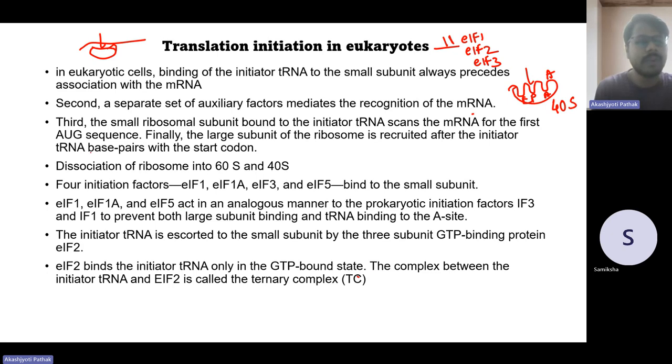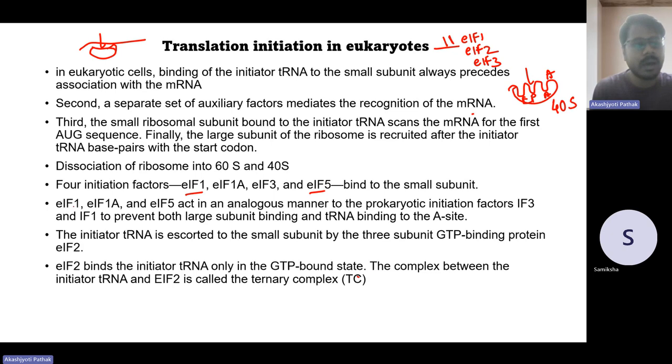So in the first step, what will happen? There is dissociation of the ribosome. The 80S ribosome is dissociated into the 60S and 40S subunits, and there are four initiation factors: eIF1, eIF1A, eIF3, and eIF5, where e stands for eukaryotic, which will bind to the small subunit.